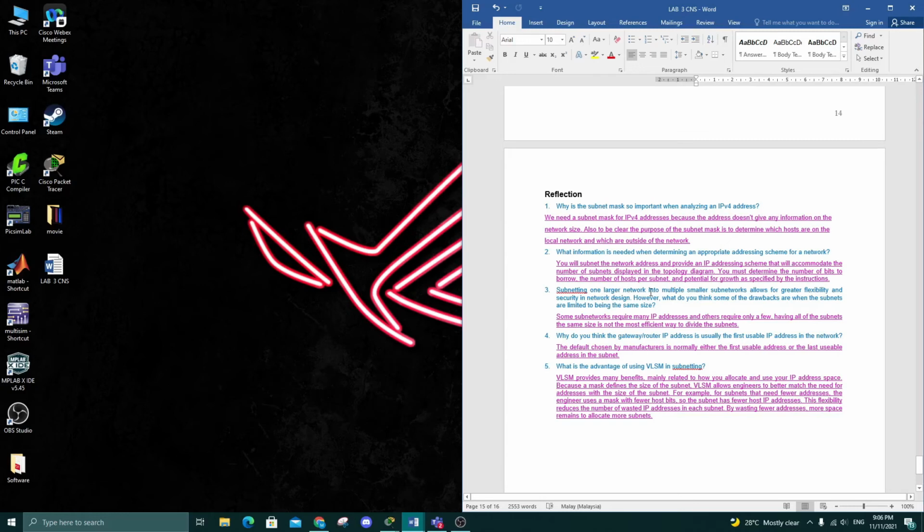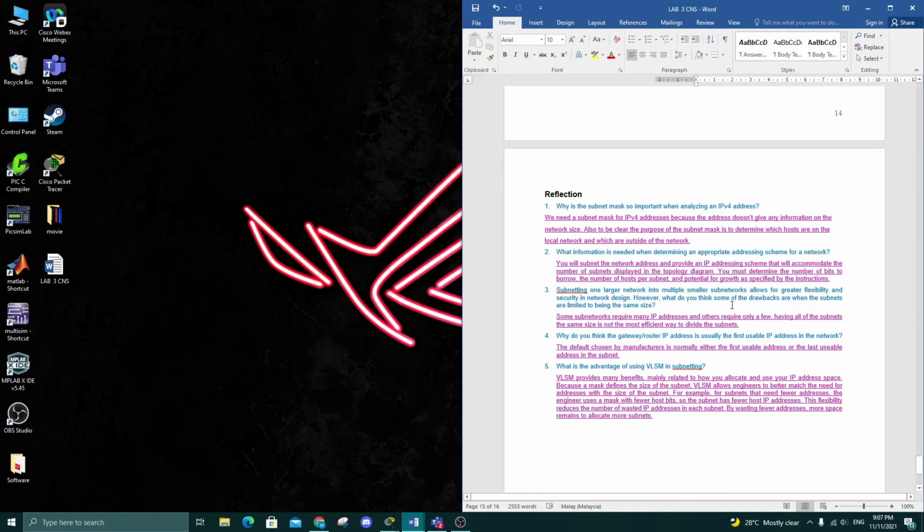Question number 3. Subnetting one larger network into multiple smaller subnetworks allows for greater flexibility and security in network design. However, what do you think some of the drawbacks are when the subnets are limited to being the same size? The answer is some subnetworks require many IP addresses and others require only a few.